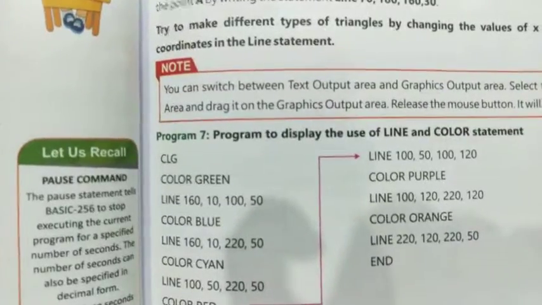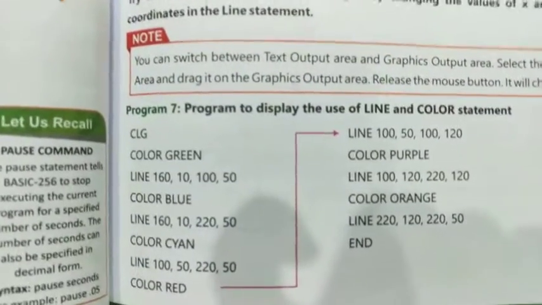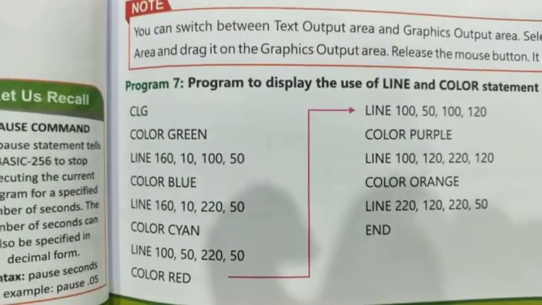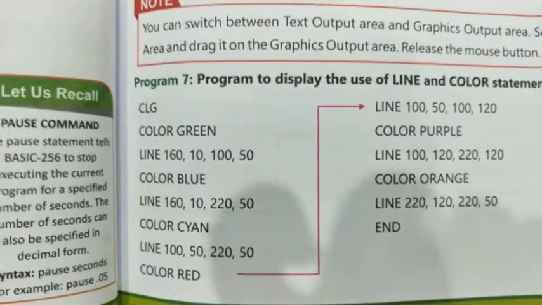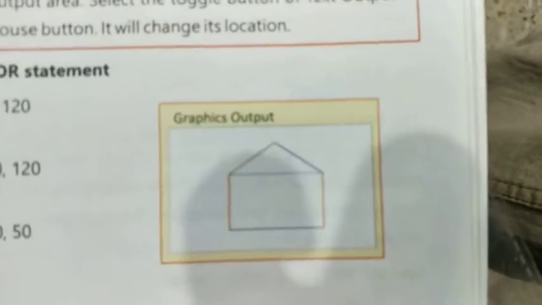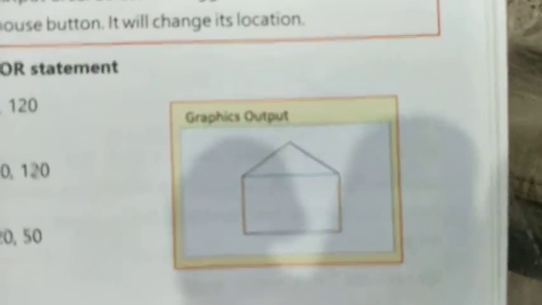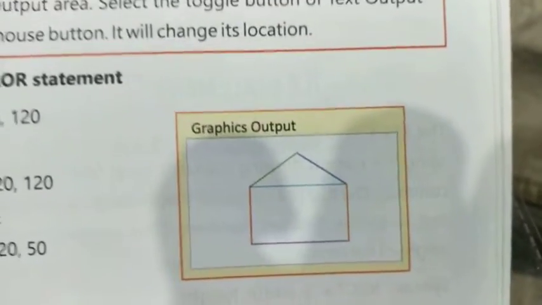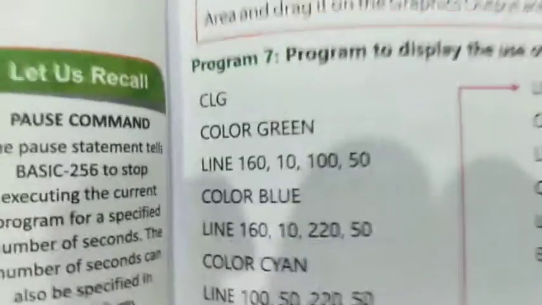Now here is another program to draw a rectangle with different lines, and above the rectangle one triangle is there. Like this shape you will get when you execute this program.